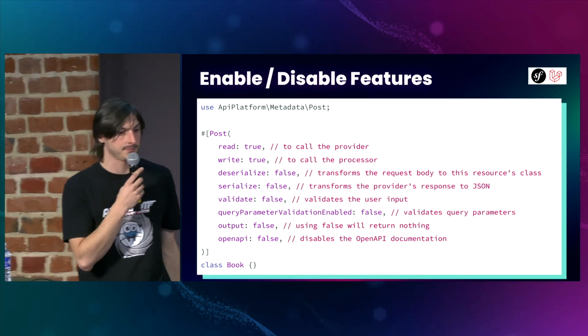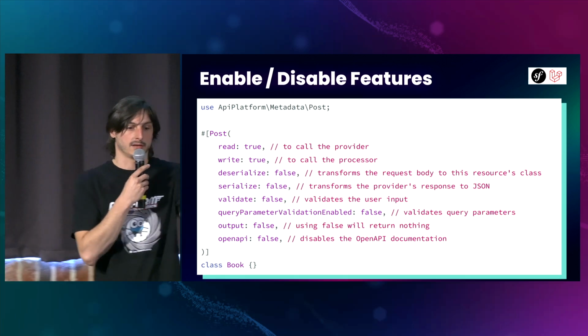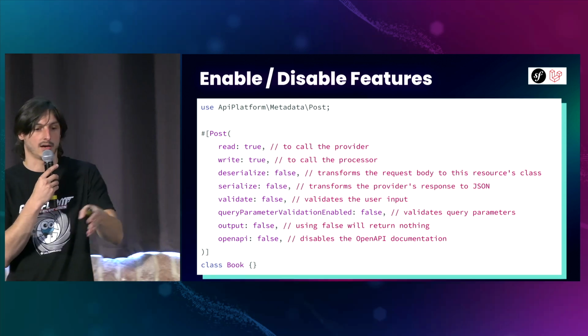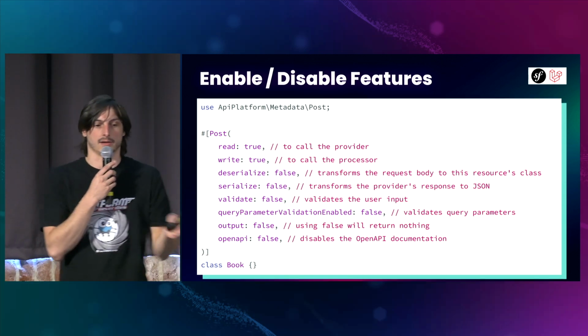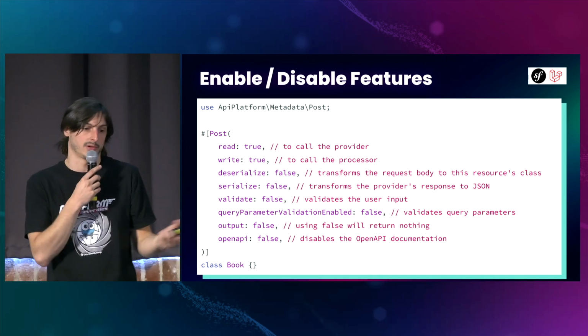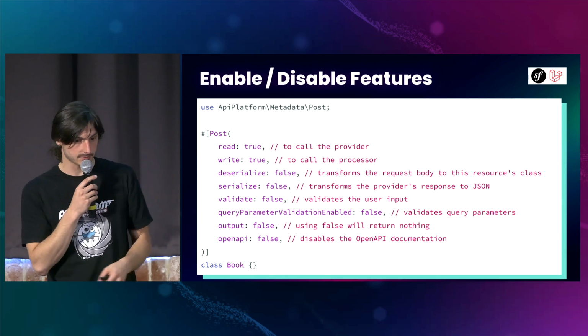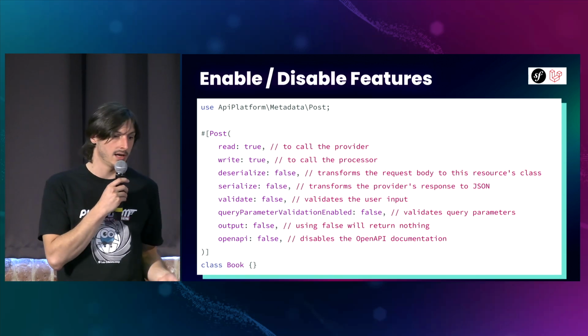About serialization, same thing. You can disable deserialize, disable serialize. This will either transform the request body to the resource class or not, transform the provider's response to JSON or not. You can disable validation.